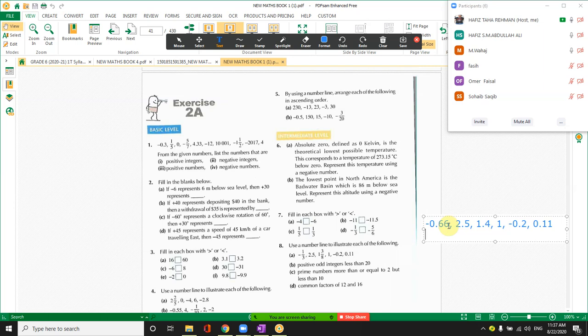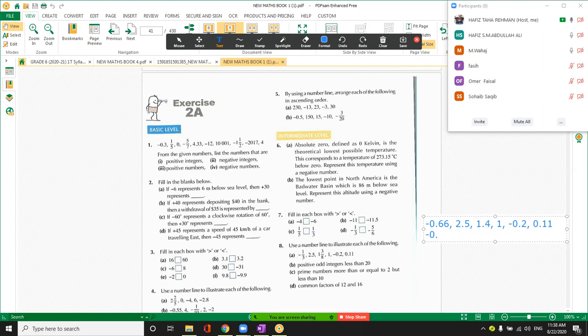Minus 0.2 is nearer to 0. So minus 0.2 is a greater value than minus 0.66.